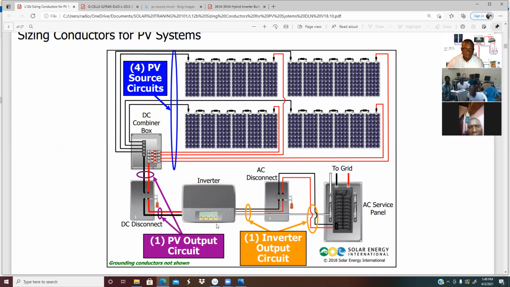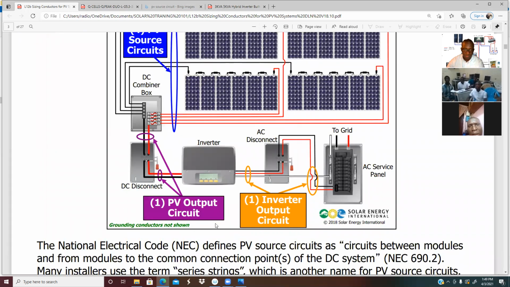It's a DC connector. This is the combiner box, where all the power and series connections come in. Why is this one very small? Because we have a link here; some use a safety switch, some use a breaker.